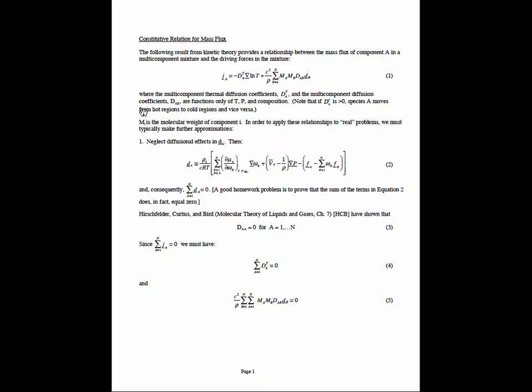And so the results that we'll present today in this section provide a more general form of the constitutive equation that relates mass flux to the driving force for mass transport. And the interesting thing about this is that we really don't have a fundamental all-encompassing theory for this.